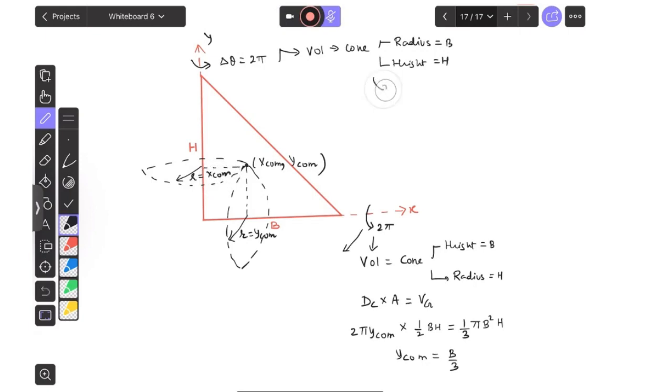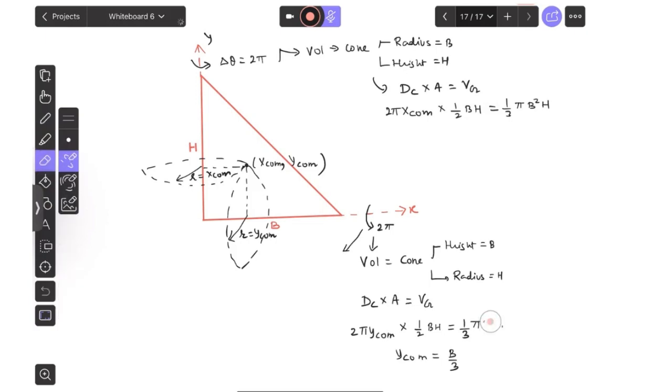So distance traveled by the center of the mass into area equals volume generated. Distance traveled by the center of the mass now is 2 pi xcm. Area of the triangle is half into base into height. Volume we generate is 1 by 3 pi. Radius will be b square, height is h now. So, sorry, my mistake.